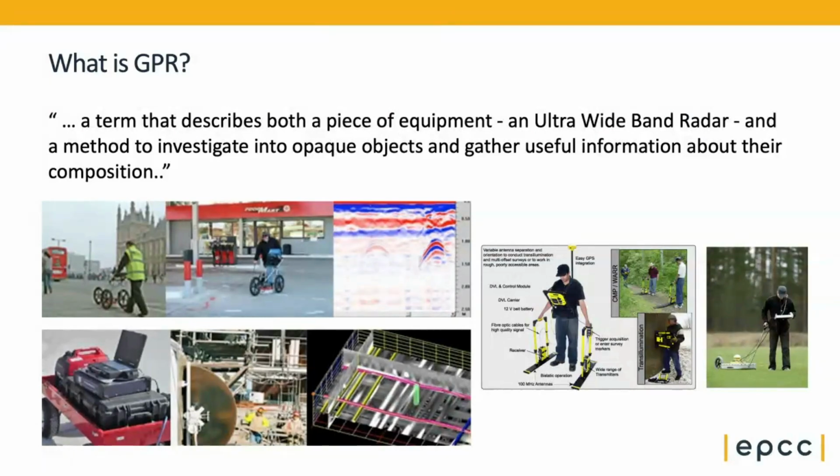It has a range of applications when we send electromagnetic signals into an opaque object, normally the Earth, but it doesn't have to be the Earth. It can be a concrete structure, for example, or something else. These electromagnetic signals reflect from discontinuities in the electrical properties of the various materials. These reflections come up, we record them, and then we try to analyze them.